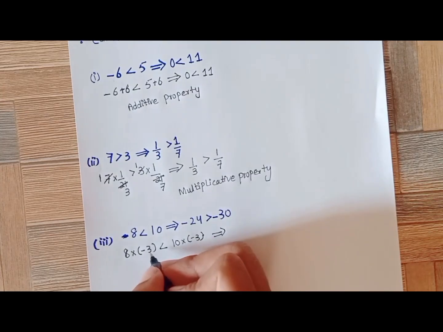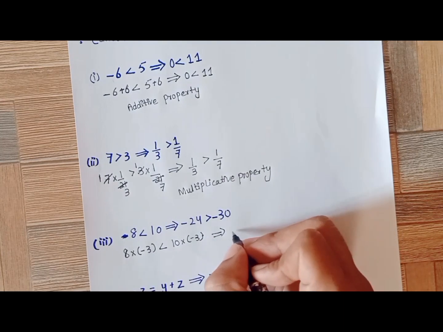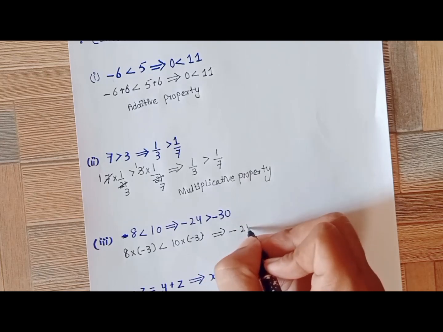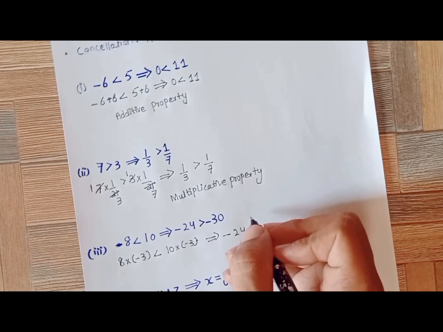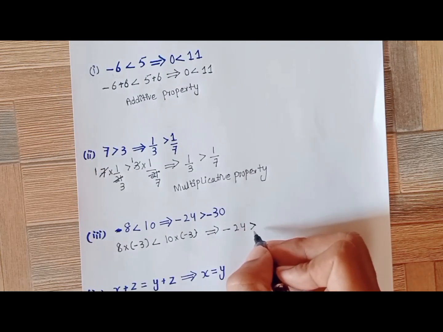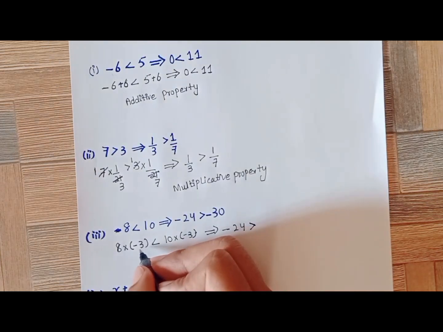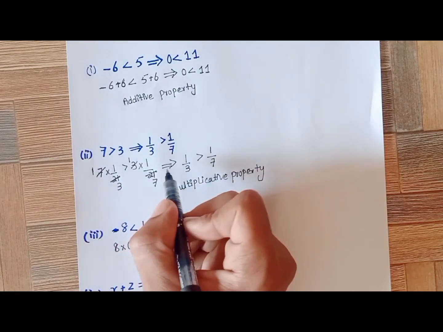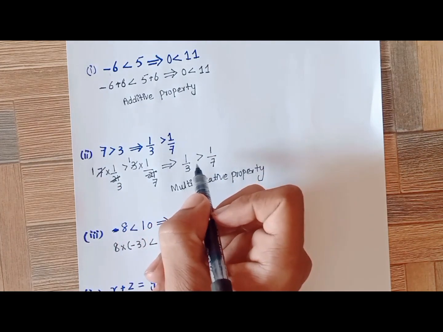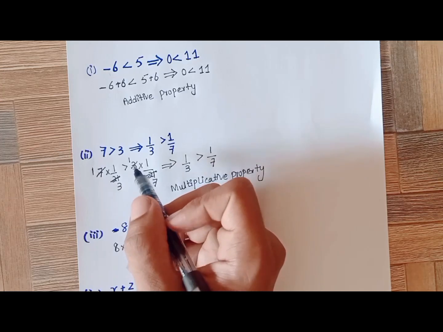8 multiplied by minus 3 will be minus 24, greater than. I am changing the sign of inequality because I have brought a negative number here. Earlier I did not change the sign of inequality because there was a positive number.